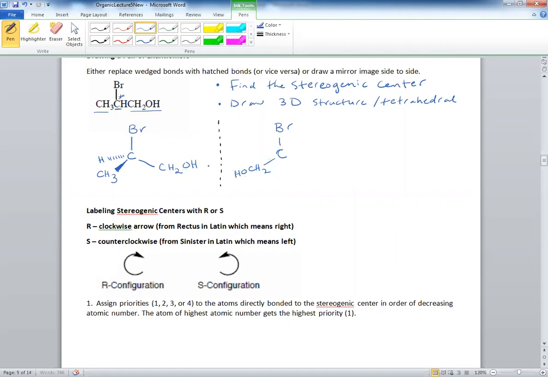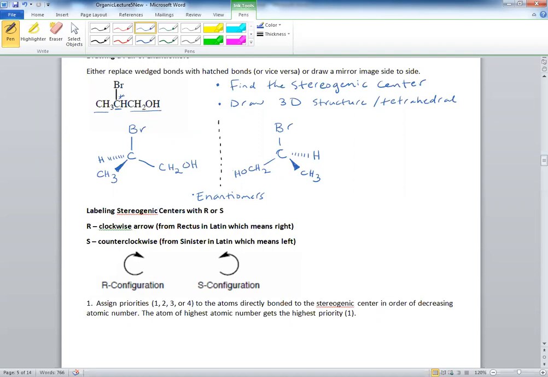And then you have the H still in the back, and the solid wedge is the CH3 right there. So these are enantiomers of each other. These are mirror images, enantiomers, mirror images that are not superimposable. So when we say enantiomer, you have to couple it with mirror images that are not superimposable.